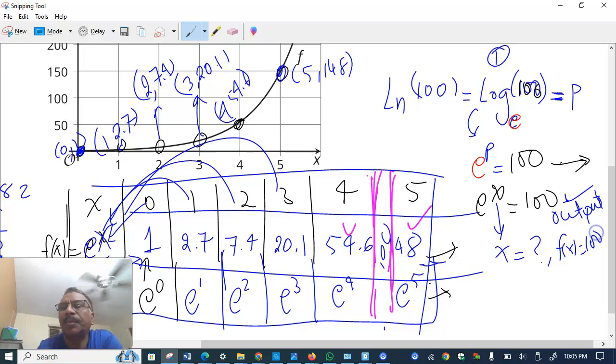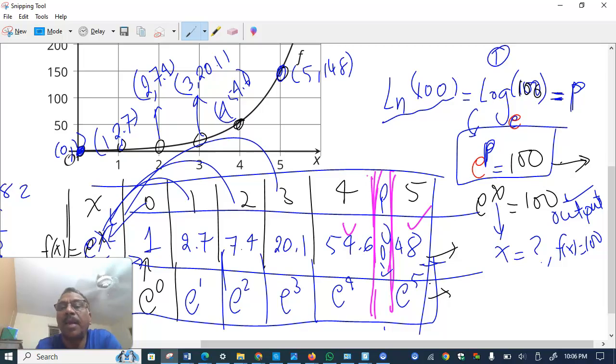That's the question. What this basically means, I wrote it as p. What should be this p, so that e raised to p is 100, which is the output 100? And from the calculator, it means ln of 100 is.